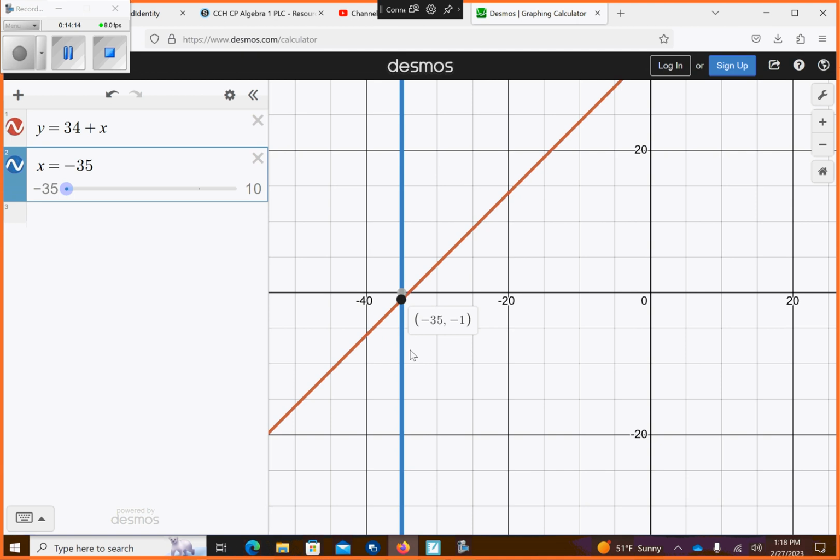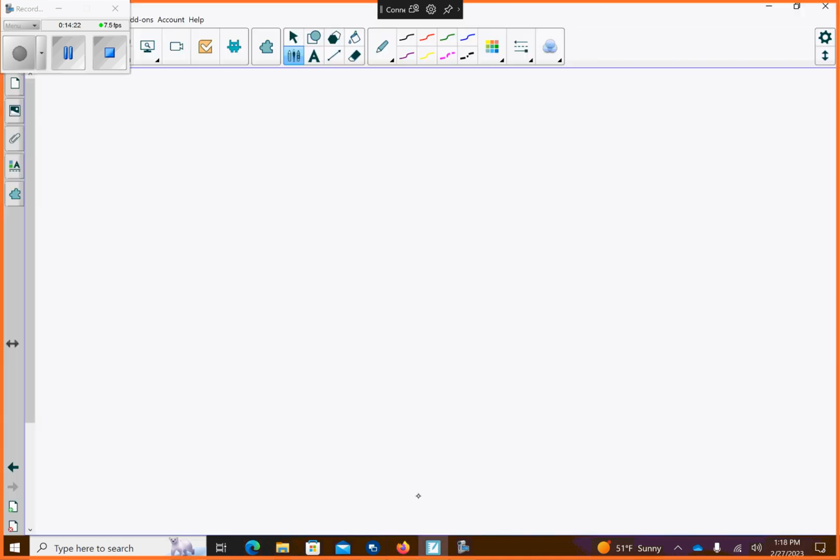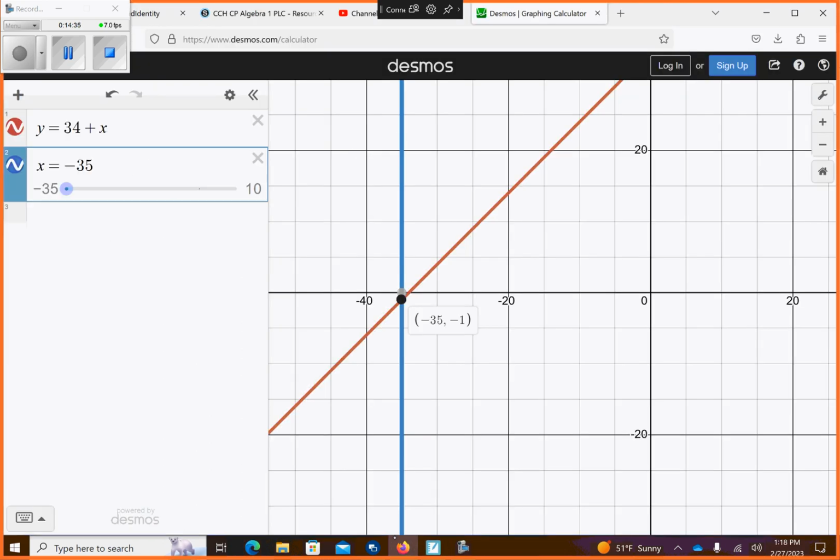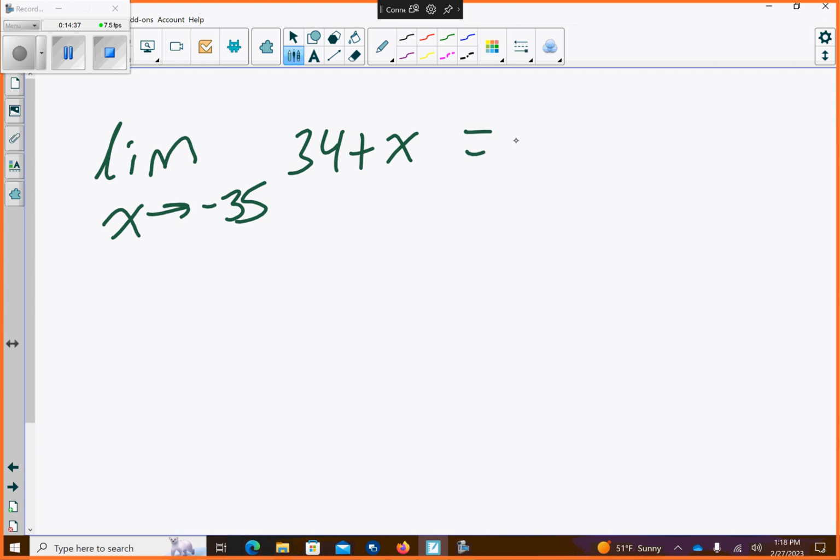Yeah, so my limit is just -1. So the limit as x approaches -35 of 34 plus x was -1. Because I came from both directions, it met.